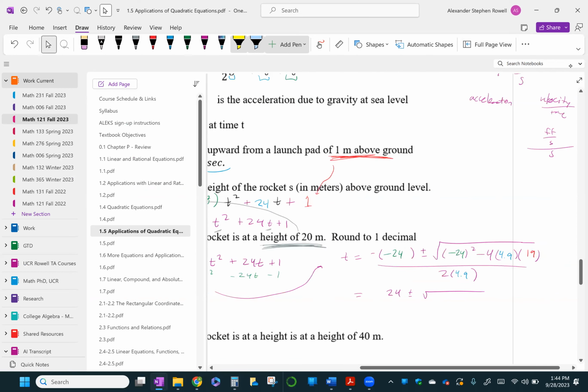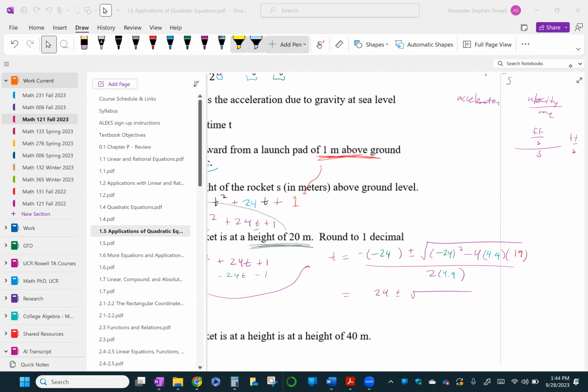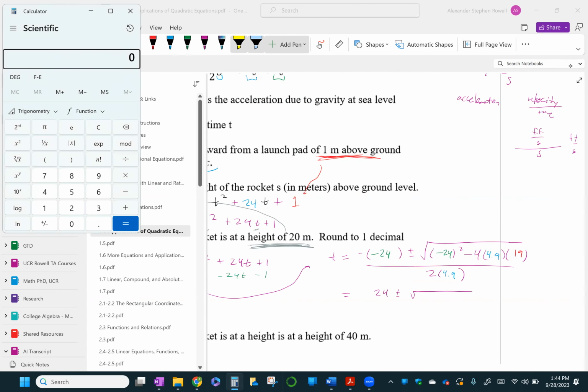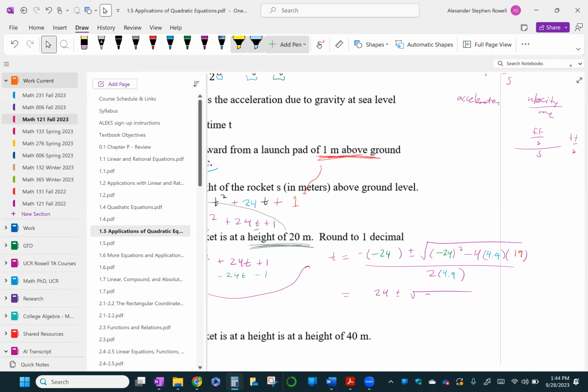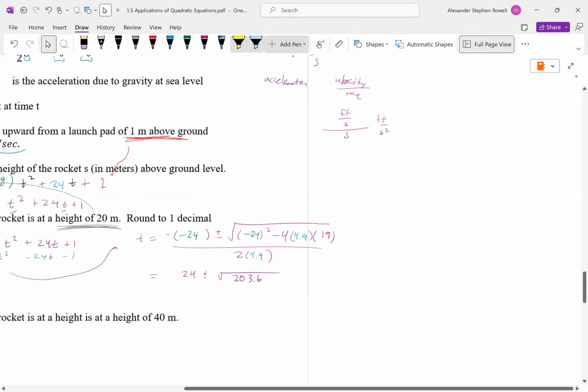Let's see. All right, so what's 24 squared minus 4 times 4.9 times 19? 203.6, is that what you got? 203.6. All right, all over 9.8.